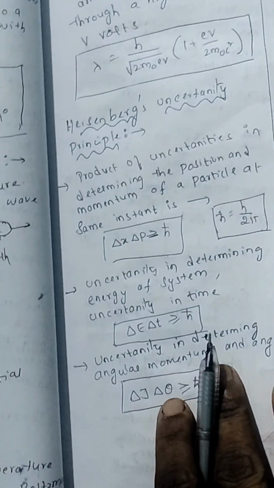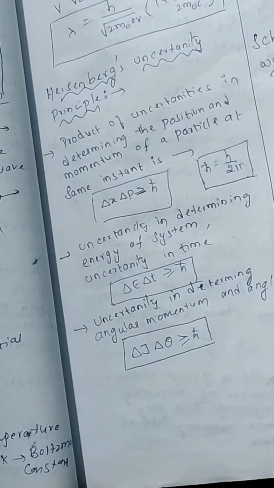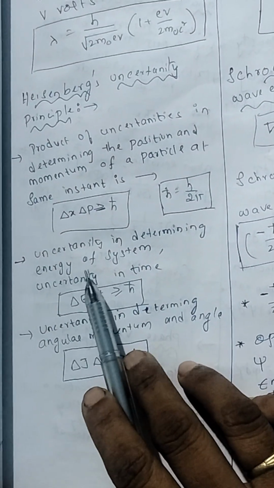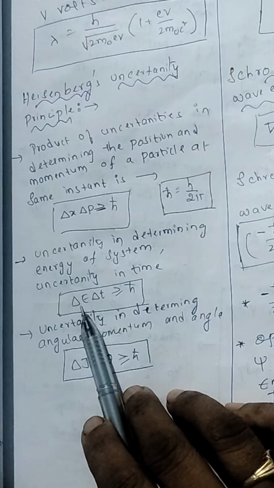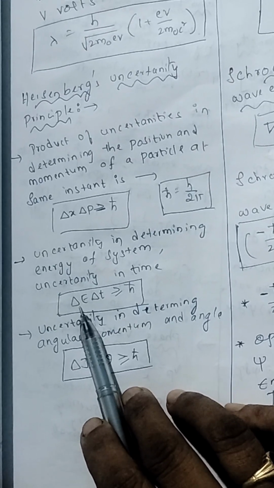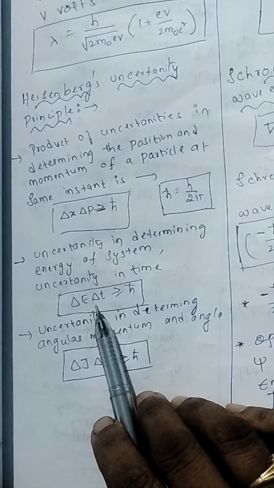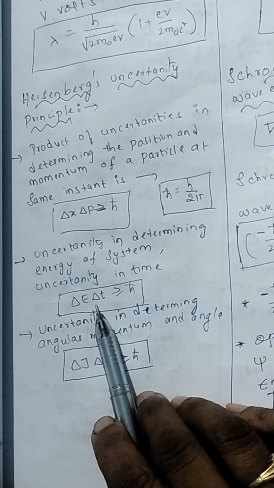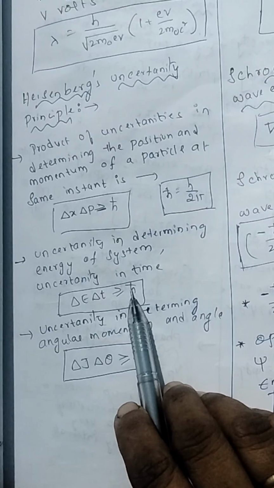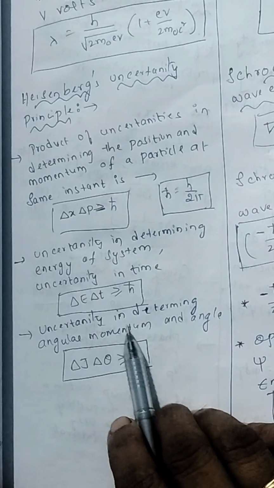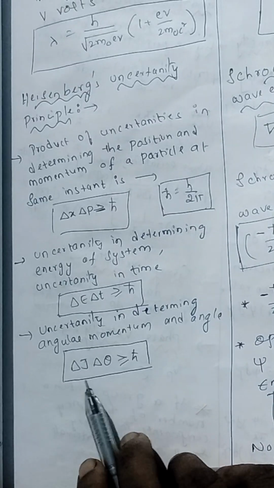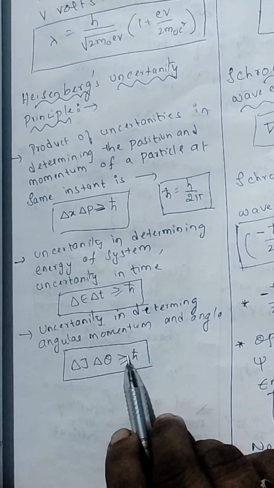Similarly, let us apply the Heisenberg uncertainty principle to energy and time. If delta E is the uncertainty in determining the energy of the system, and delta t is the uncertainty in determining the time, then delta E into delta t is greater than or equal to h cut. Similarly, the uncertainty in determining the angular momentum and angle is written as delta J delta theta greater than or equal to h cut.